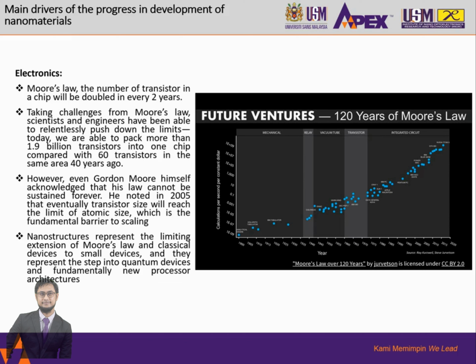He noted in 2005 that eventually transistor size will reach the limit of atomic size, which is the fundamental barrier to scaling. So the continuous miniaturization efforts have actually driven the development of new kinds of nanostructures that can have more and more transistors inside a single chip.